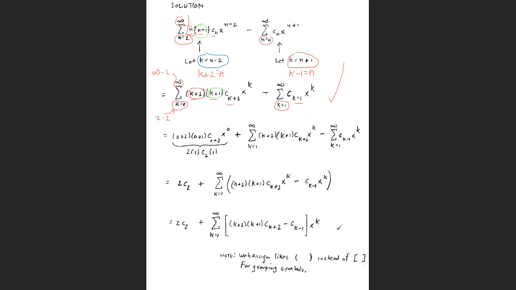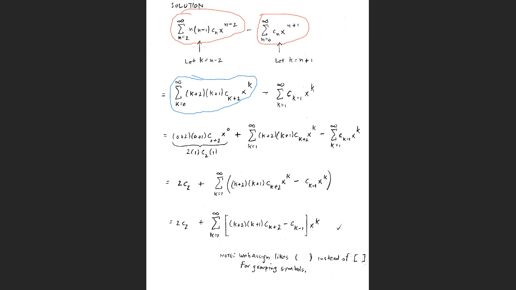Are there any questions on this second step? All we've done is take these two power series with index n, and rewrite them as equivalent power series with a new index of k.